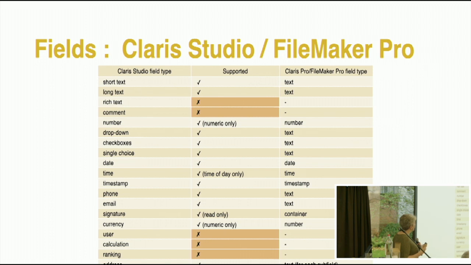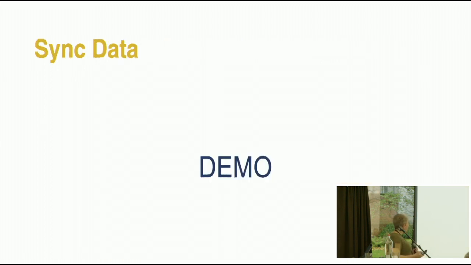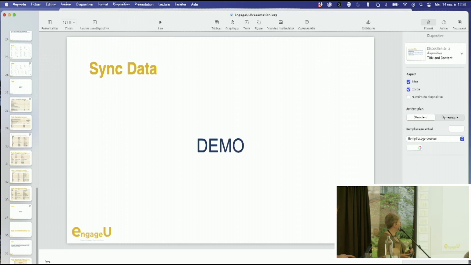The ones that are not are rich text comment, user calculation, ranking, rating, and attachment. Sorry. So we are going to show you how to synchronize the data with FileMaker.